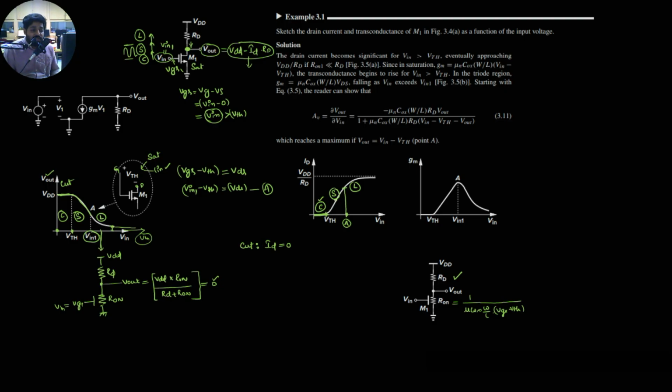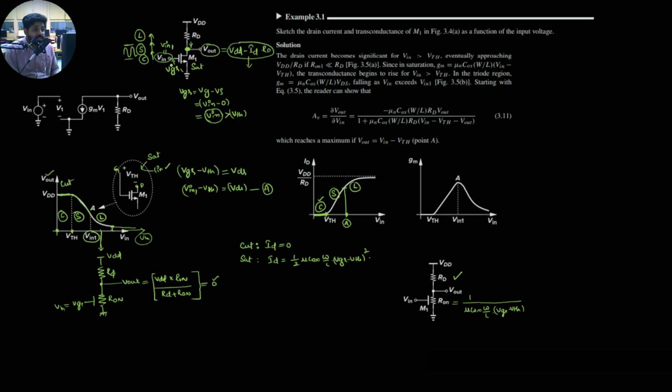Now when it is entering into the saturation, as we know the current equation is ID equal to mu COX W by L times of VGS minus VTH whole square. We neglect the channel length modulation, and with this we will be getting this graph. So there is ID which varies with respect to VGS.